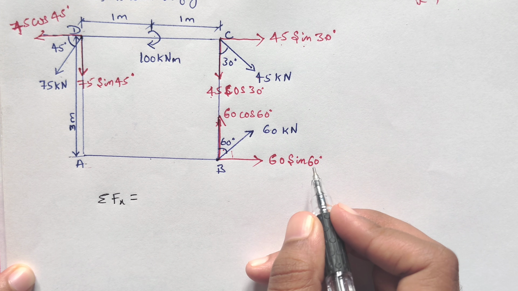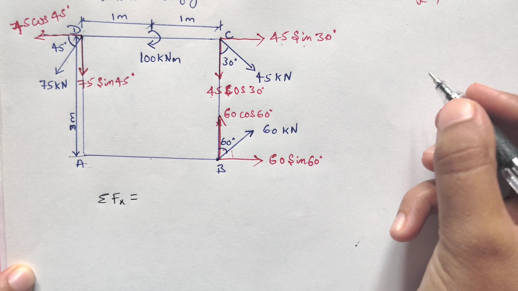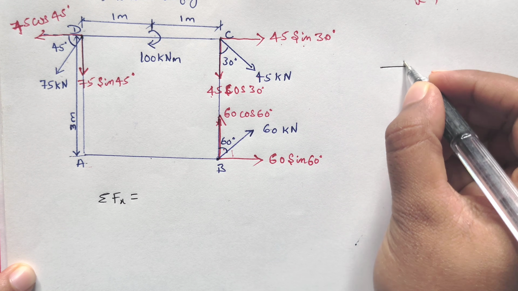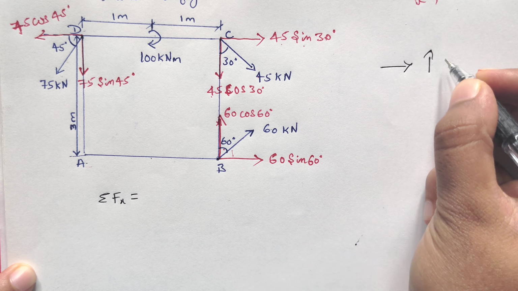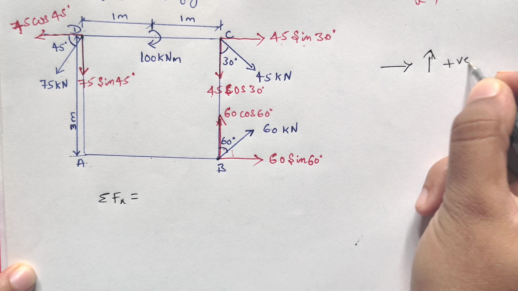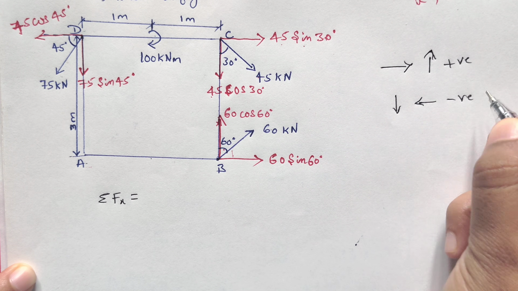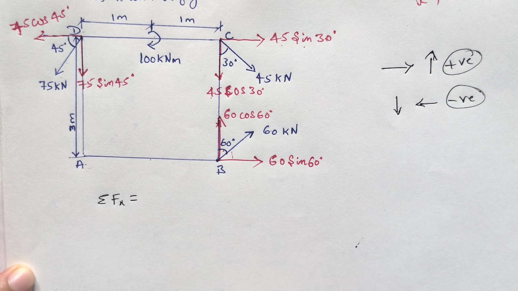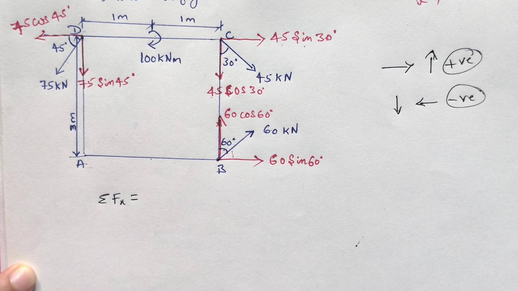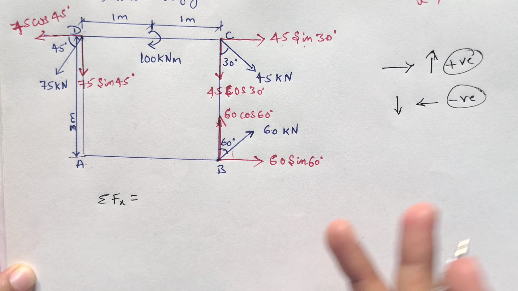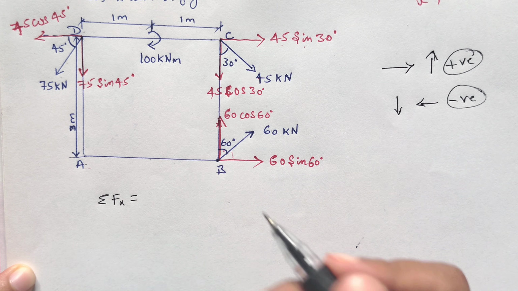Moving towards right side, so it is positive. The forces moving towards right and upward are always positive. Downward and leftward is always negative. Just make a note. Sign convention. Whenever you are solving the problem, you have to take that sign convention.